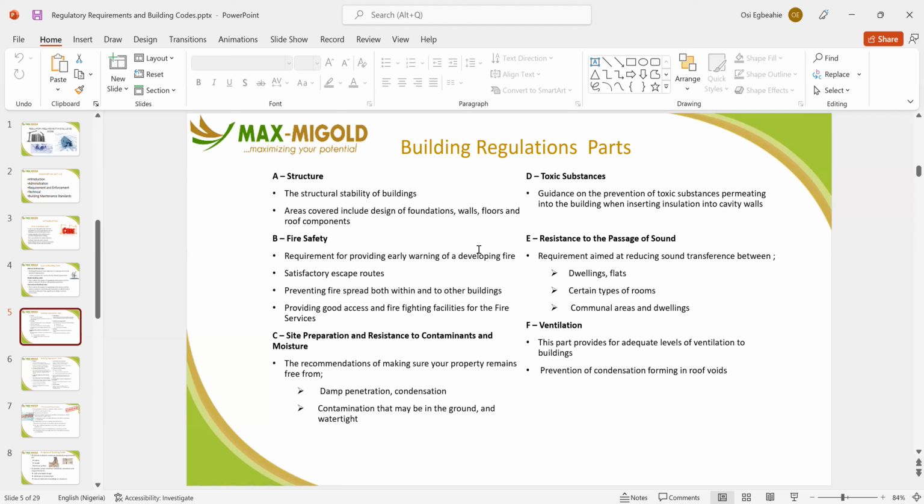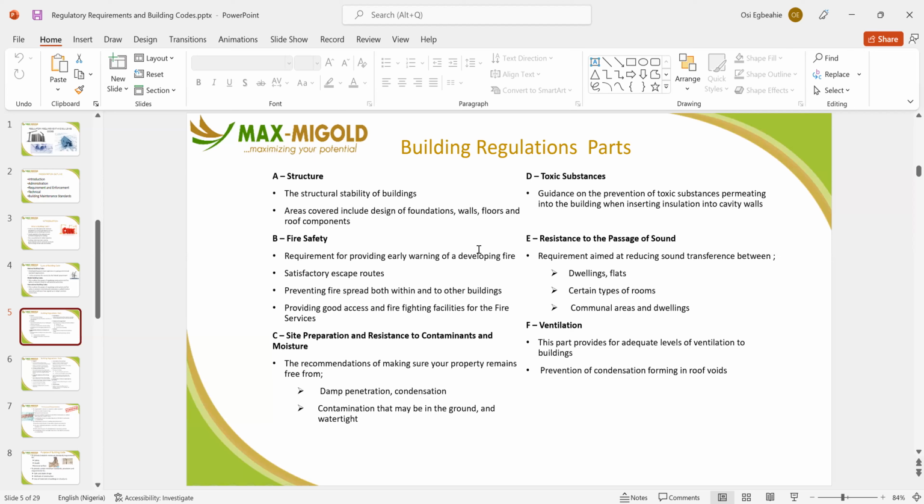Sometimes you need to use cavity walls in a building. Cavity walls help to prevent sound. They help to prevent too much heat, and they're also good for soundproofing. Normally, styrofoam and some other chemicals can be used to ensure that the soundproofing is properly done.